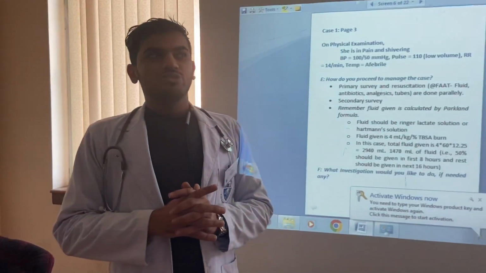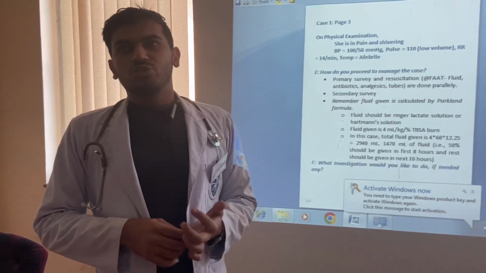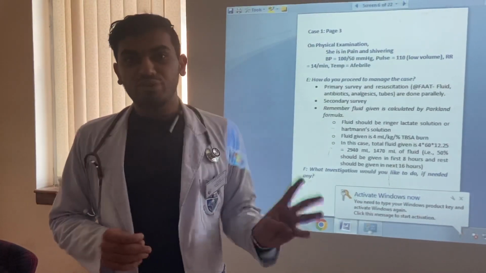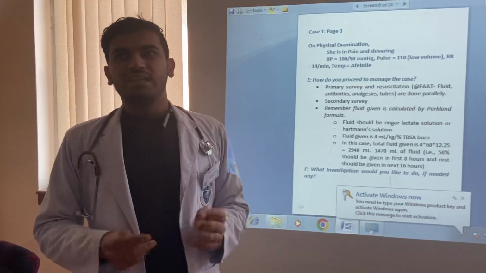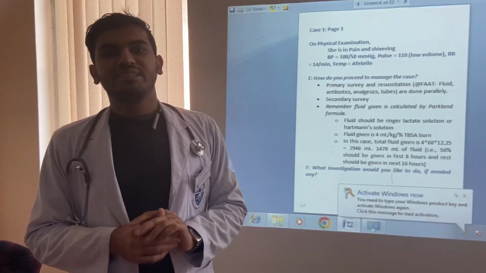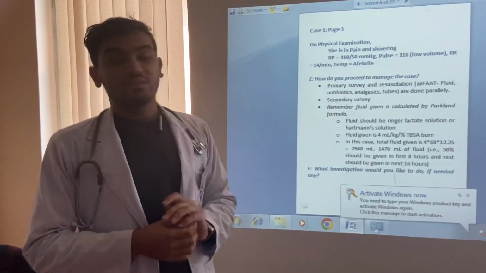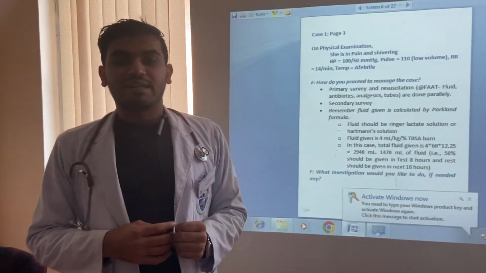And there is also some question about how much fluid we have to give to the patient on the second day. For that, 40 to 60% of the first day's fluid is given on the second day. Mainly, 50% of the fluid can be given to the patient on the second day of the burn, after the calculation of the fluid requirement by the Parkland formula.